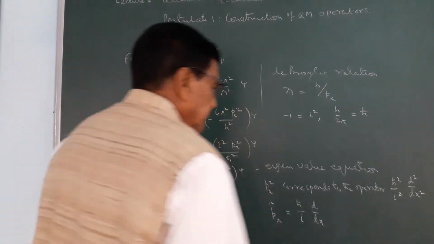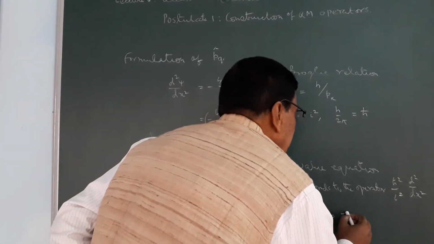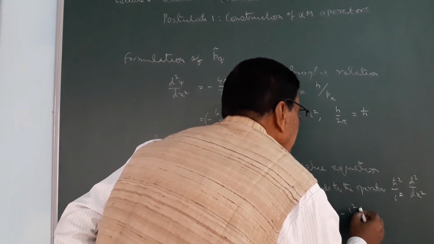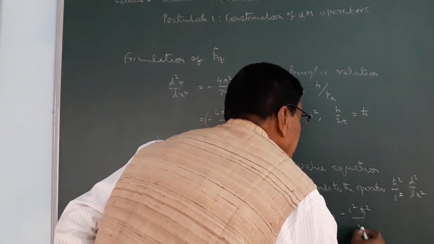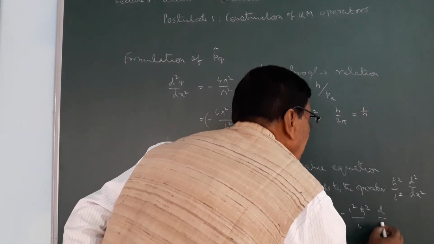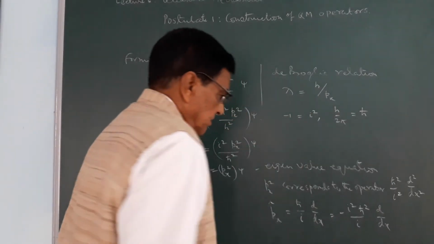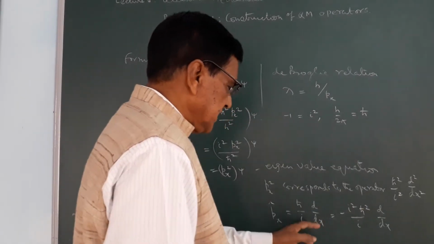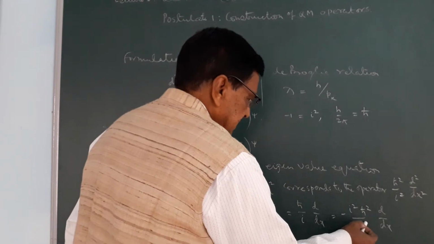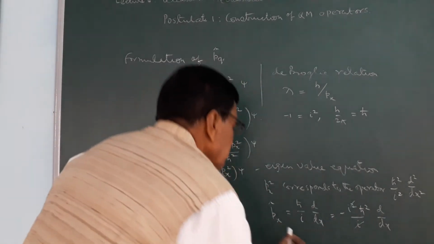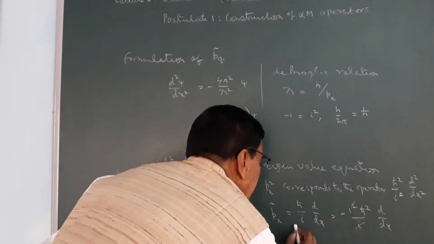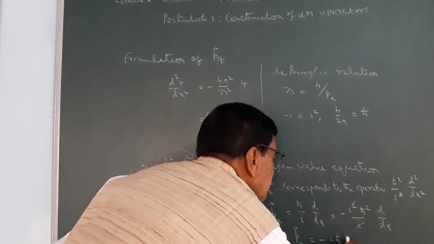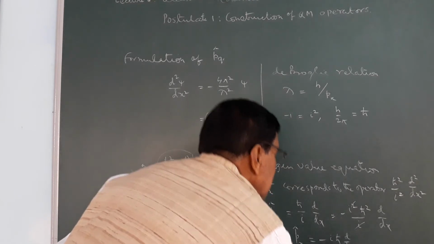This one I can write, say, minus i square h cross divided by i d by dx. i square is also minus 1, minus 1, minus 1 plus 1. See, the result remains the same, then I can cancel one i. So this px cap becomes equal to minus i h cross d by dx.